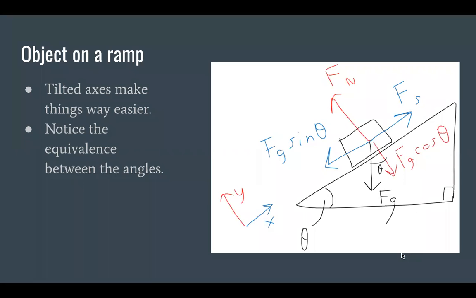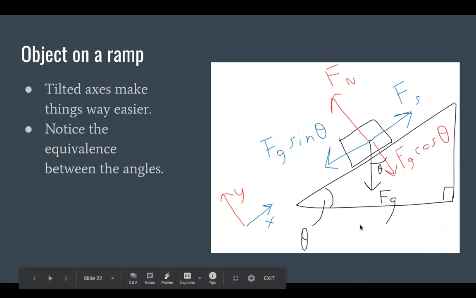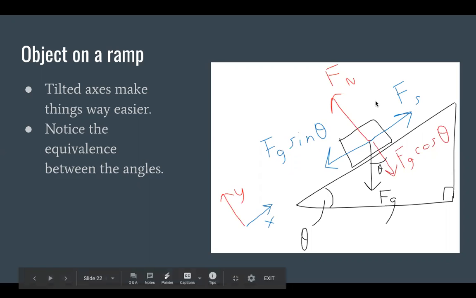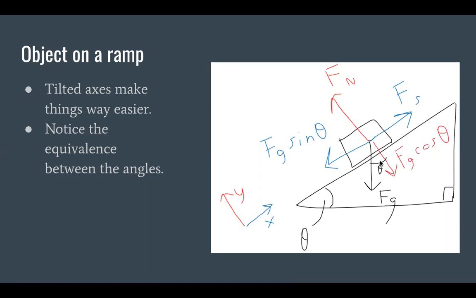And on top of that, your gravitational force, you can split that into its components and then include that in the Y and X axis accordingly. So notice here that the angle theta for the ramp is actually the same angle that is present here between the normal force, a line perpendicular to the ramp, and gravitational force.